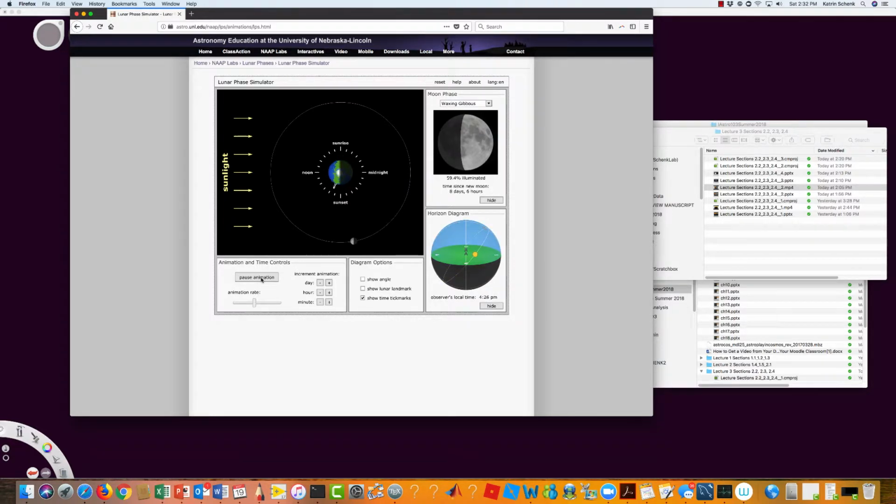All right, getting fuller and fuller and fuller. Okay, getting there. Try to stop it right when we get to the full 100% illuminated. We'll go forward an hour.